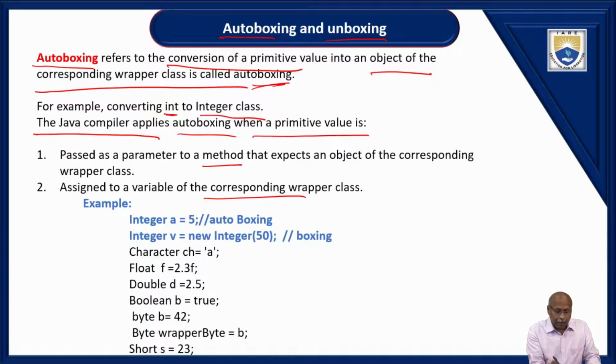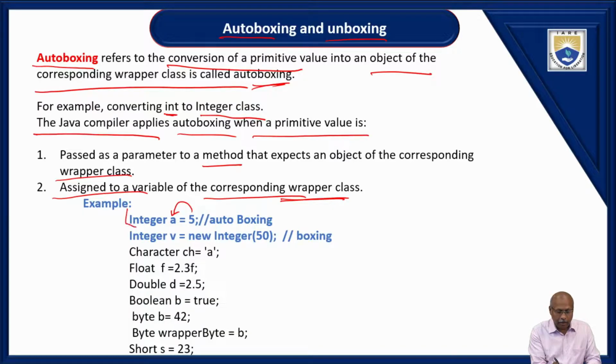So automatically the compiler will apply autoboxing whenever you are passing a parameter to a method, and it will convert it into an object. Similarly, whenever you are assigning, there also it will convert the data by autoboxing. So, passed as a parameter to a method that expects an object of the corresponding wrapper class. Similarly, assigned to a variable of the corresponding wrapper class.